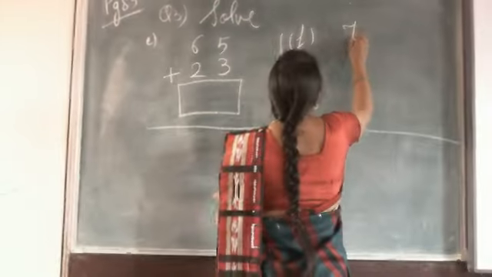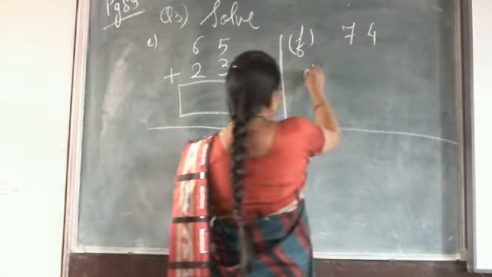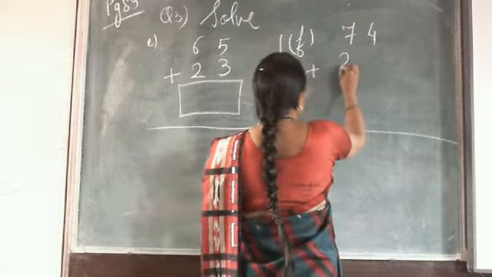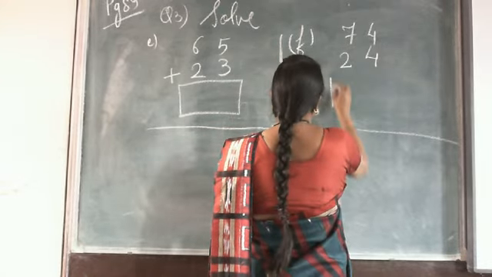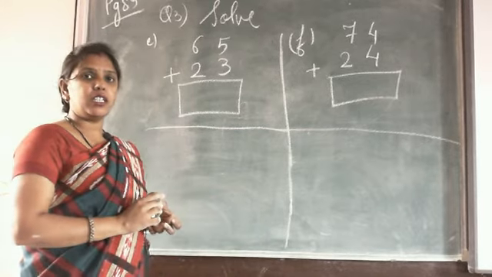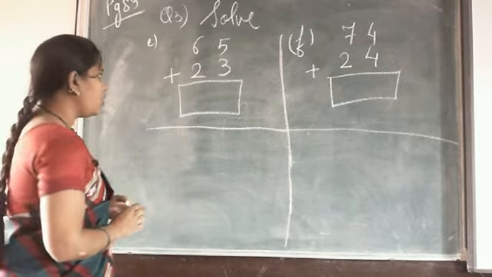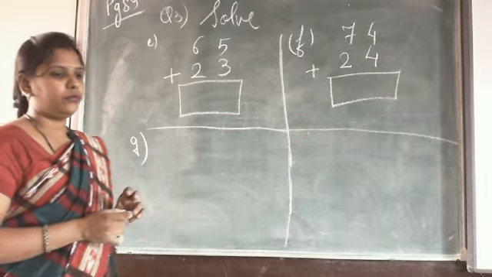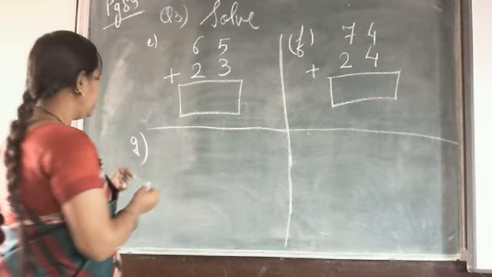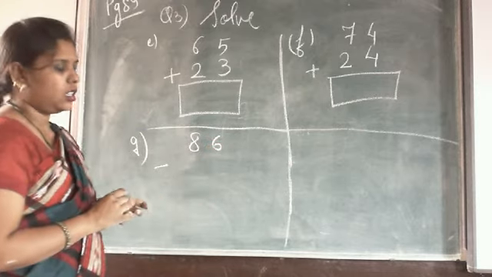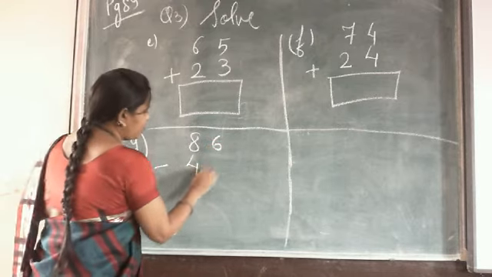Write F. 74 plus 24. 74 plus 24. Now the next question, G. 86 minus 45.